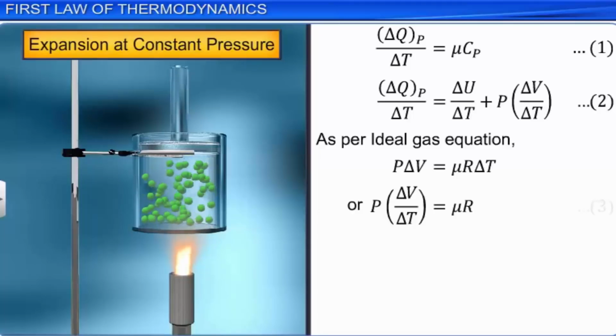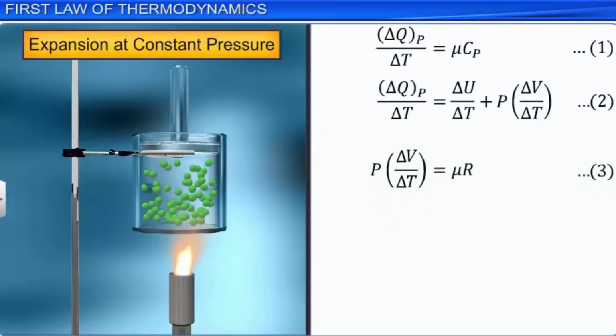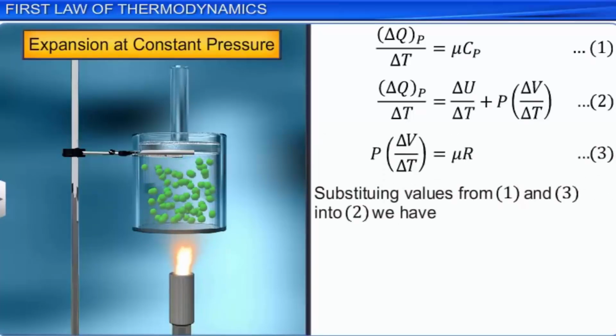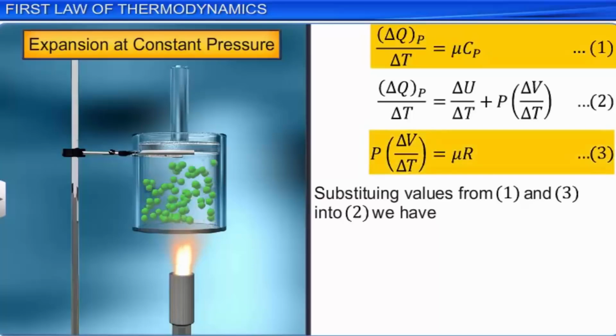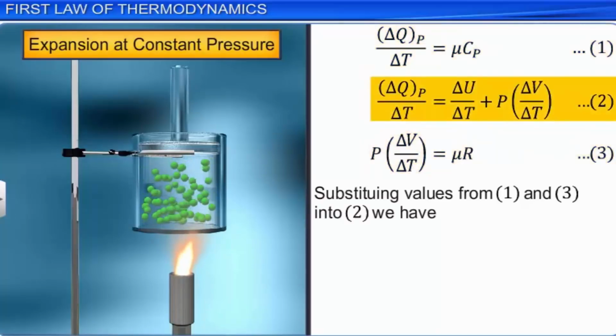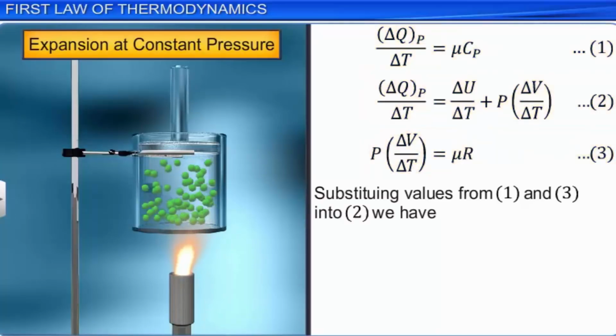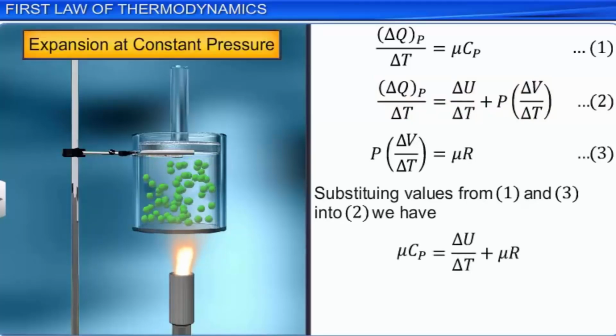On substituting the values from equations 1 and 3 in equation 2, we have mu Cp is equal to delta U by delta T plus mu R. Let this be equation 4.